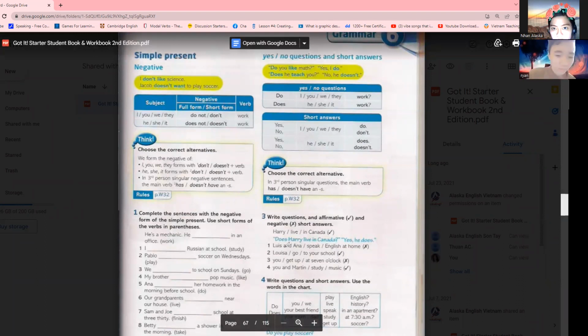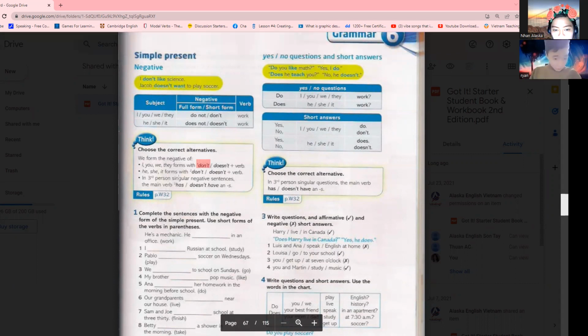The next one: he, she, it, form doesn't plus verb. All right.